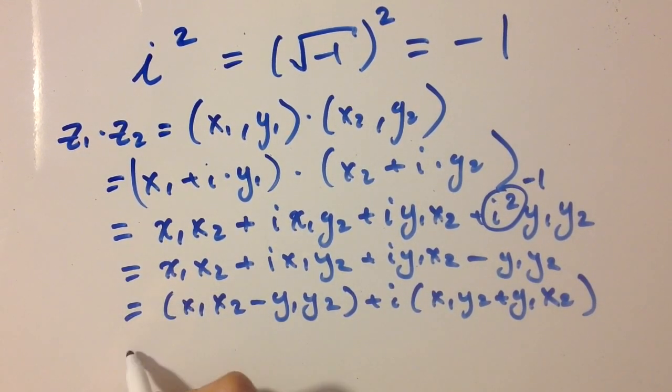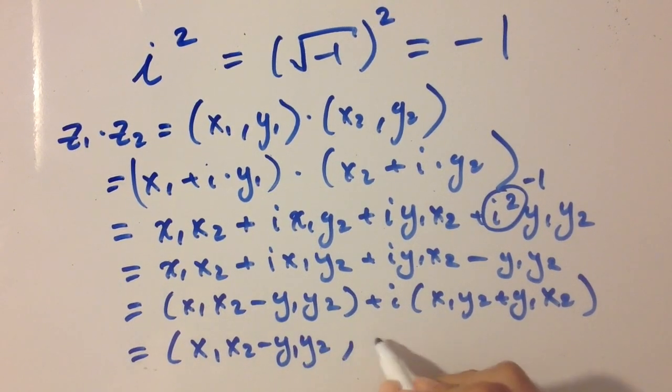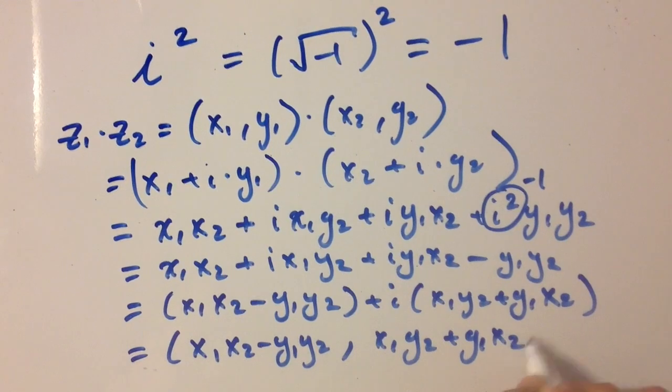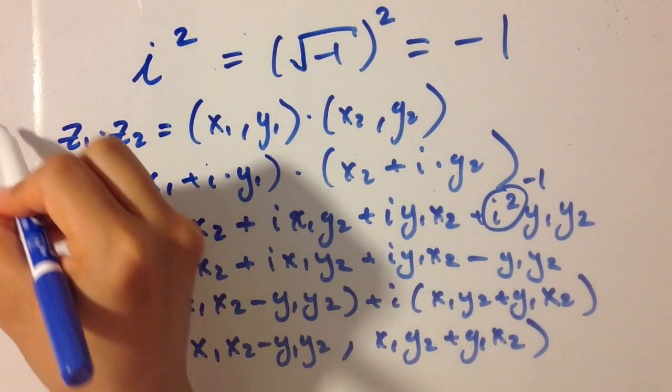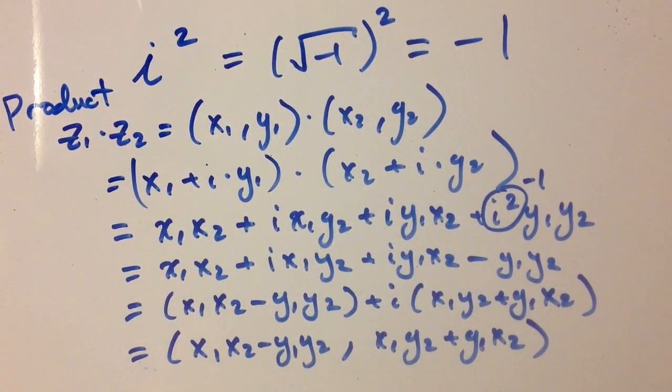Rewriting it as the coordinate pairs, we get x1 x2 minus y1 y2, x1 y2 plus y1 x2. And this is the product relation for the complex numbers.